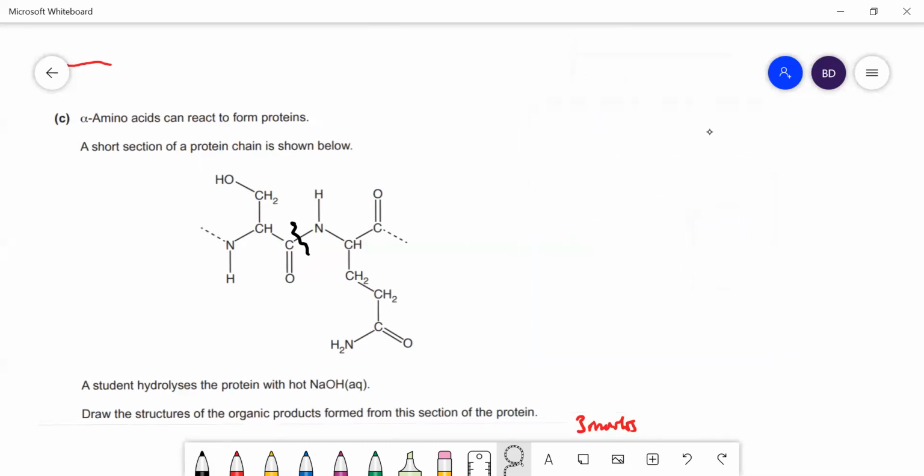Okay, so I just have to draw, let's recopy that. So it's going to be HOCH2, CH. And that's carrying on, presumably the rest of the chain. And here, this is the carboxylic acid end. So that's going to be the negative ion, because it's sodium hydroxide.